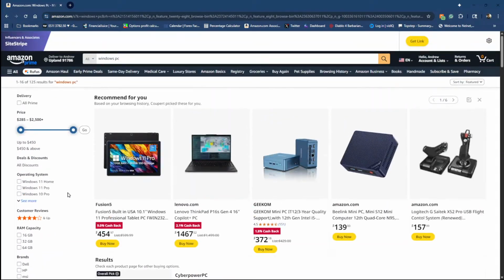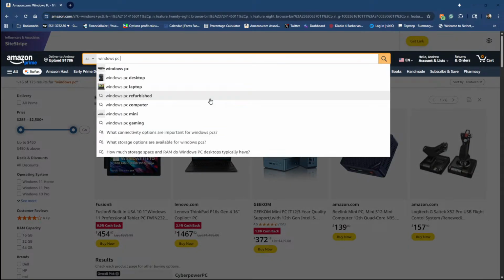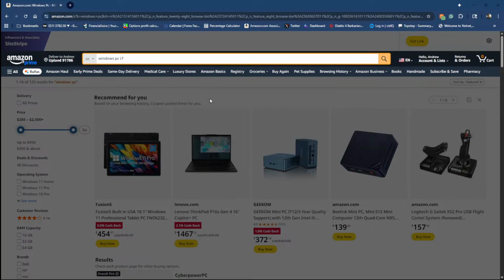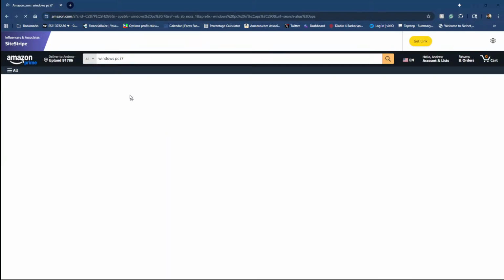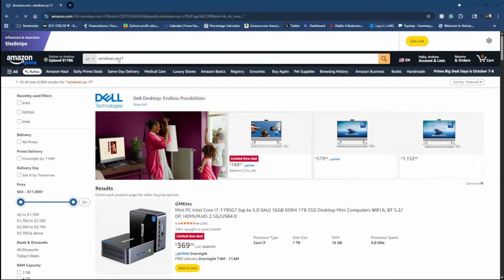Let me just do it this way, because those are not giving me what I'm looking for. i7. So for me, this would be the minimum of what I would be looking to buy for a Windows PC.